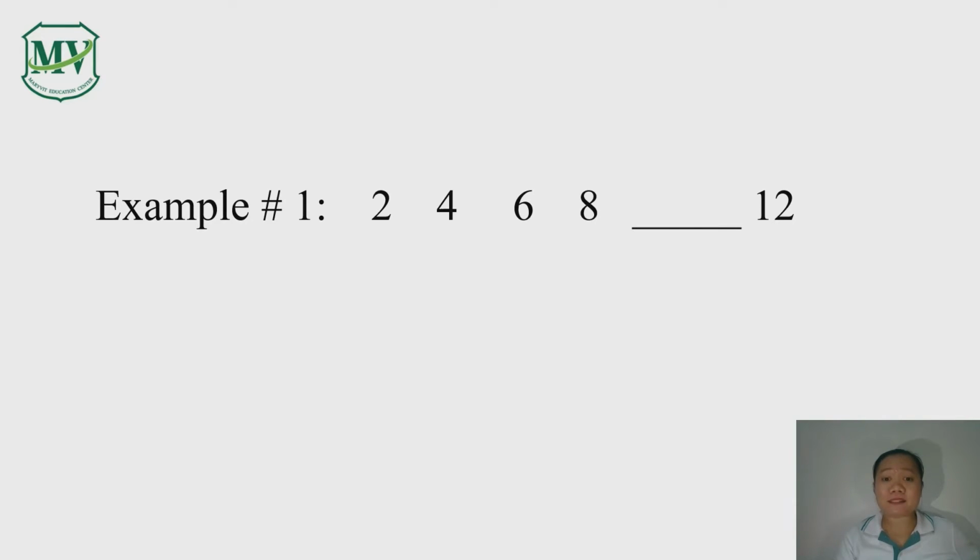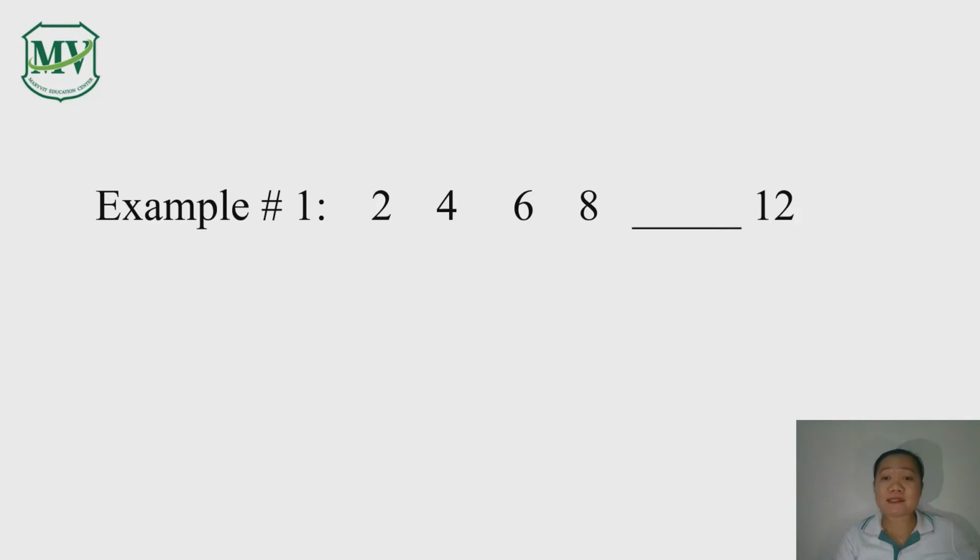Our pattern consists of 2, 4, 6, 8, missing number, followed by 12. Let's take a look. What rule does this pattern follow? Yes, our pattern shows that we add 2 going to the next number.